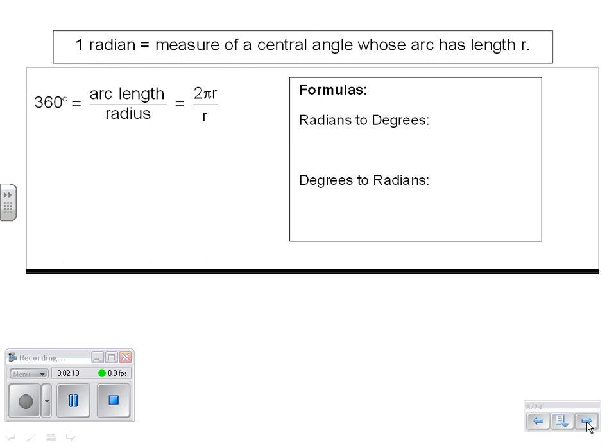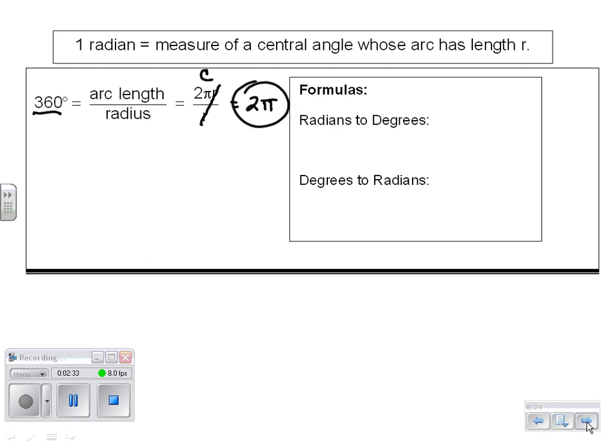Once again, we talked about the circumference of a circle. If all the way around a circle is 360 degrees, then its arc length all the way around is 2 pi r, the circumference. Divided by the radius, our r's reduce and we end up with just 2 pi.